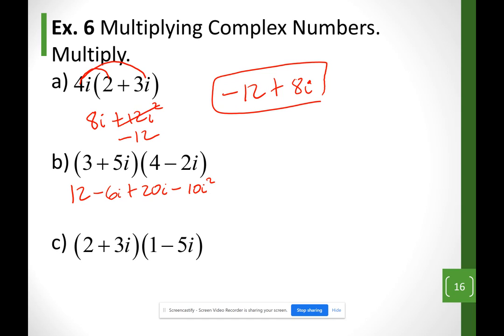I know the minus 10i squared at the end is basically plus 10. So now when I combine my real part, those that don't have an i, I get 22. When I combine the imaginary part, negative 6 plus 20, I get plus 14i.